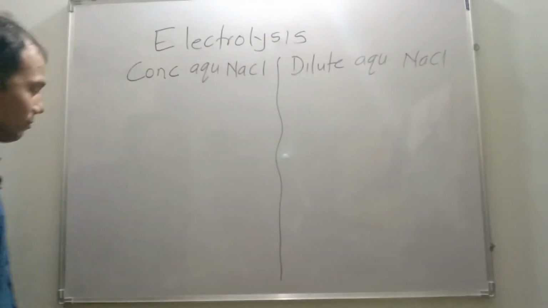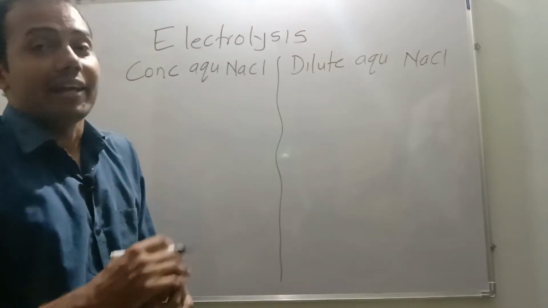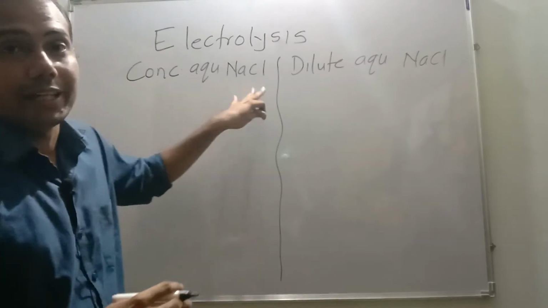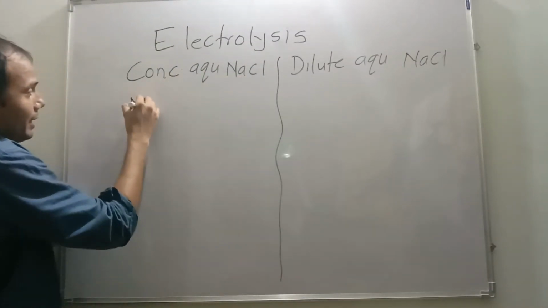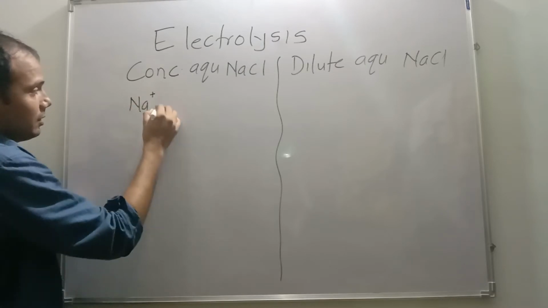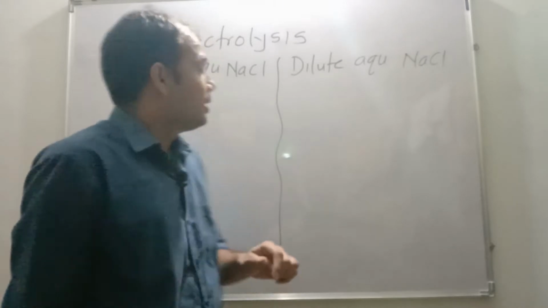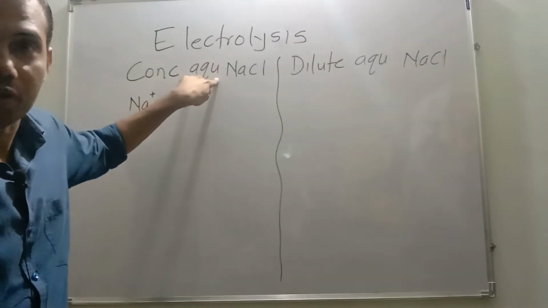So I'm just going to write down what are the ions that are present in the case of concentrated aqueous NaCl. First you can check it here, that is Na+, Cl-, and there are also ions present from the aqua, meaning water.